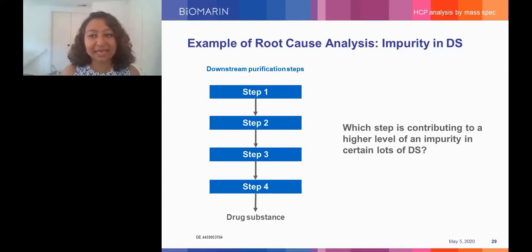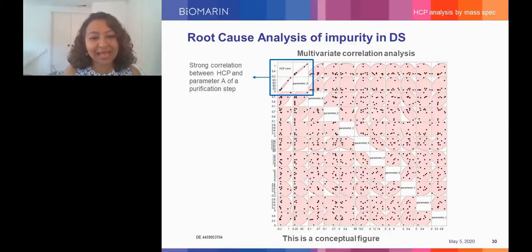That might be an investigation if you're looking at lots of DS and the impurity is changing in amounts depending on the lot. As I'm showing in the next slide, you can do the MRM or a relative quantitation and correlate the mass spec intensity signals of these peptides with all of the process parameters that go into the purification.